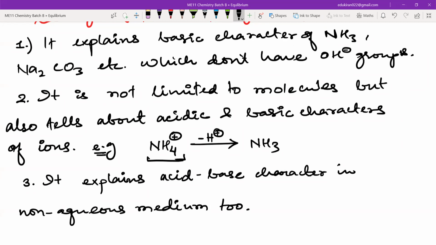That means the Bronsted-Lowry concept did not have to take the help of water. Arrhenius said that an acid is anything which liberates H plus ions when added to water. So it was water dependent. The definition depended on water, but Bronsted-Lowry did not have any such limitation. They said that anything which gives H plus is an acid. If it abstracts H plus, takes up H plus, it is a base. So write these 3 points down.